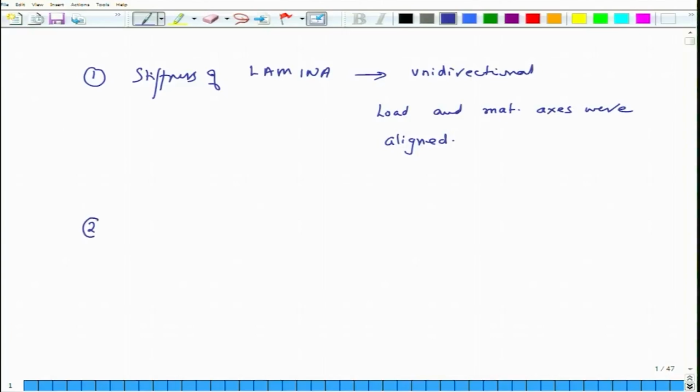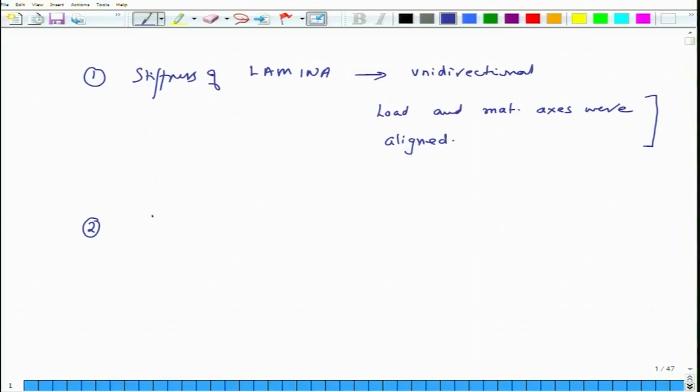And in this first step, we expressed stiffness of the lamina in terms of first material constituents, which are fiber properties and matrix properties. Then, once we were confident of predicting the stiffness of lamina when the load and material axis both are aligned, we made it a little more general.